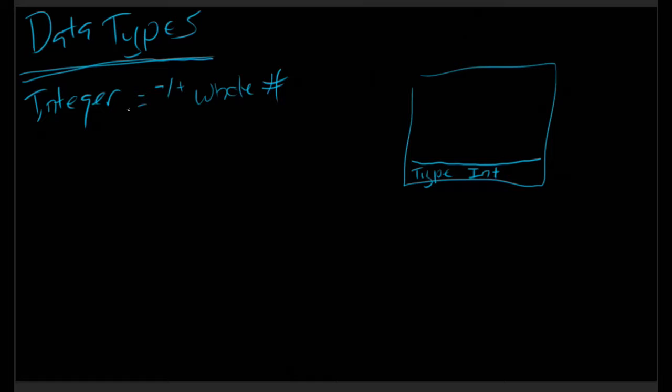So here's type integer, so this box can only hold integers. But I don't want to have to call it by something like 0x3a692b.